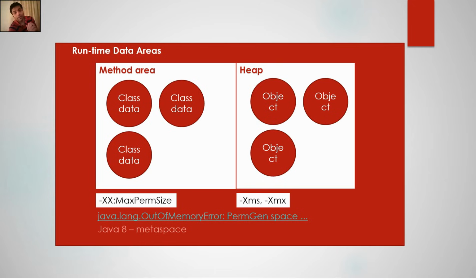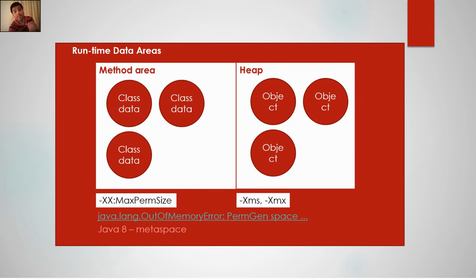The point is, by default, there is no limit to metaspace in Java 8. It can just grow as long as the operating system allows. It can grow and occupy full memory, or it can go to virtual memory and things like that. So that's the difference between permgen and metaspace.